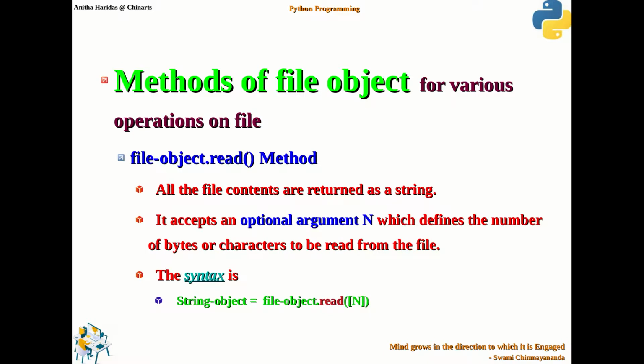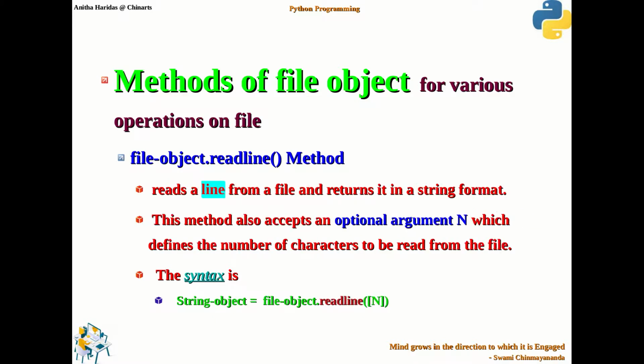You use the read method to read the entire contents, or give the optional argument to specify how many characters you want to read. Next, the readline method reads a line from the file, that is, until a newline character is encountered.